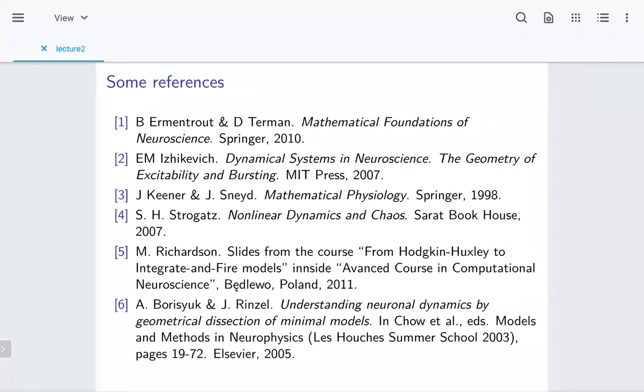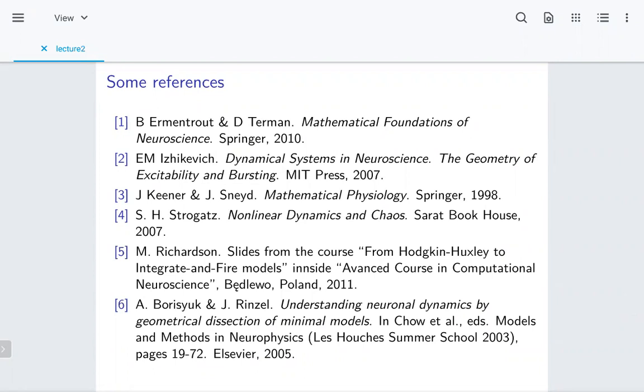Something that I forgot to say in the previous session, so I put it here at the beginning so as not to forget, is some list of references. Basically, what I'm explaining and some of the pictures are taken from these 2 books, one by Bard Ermentrout and David Terman, Mathematical Foundations of Neuroscience, and another one by Izhikevich.